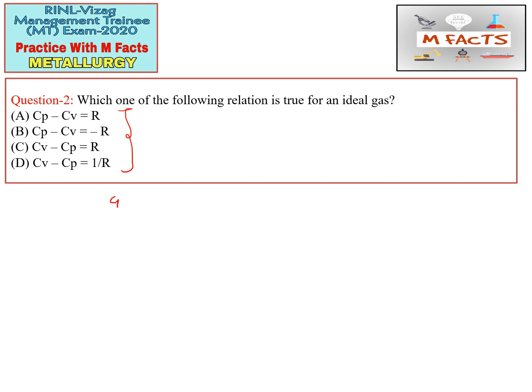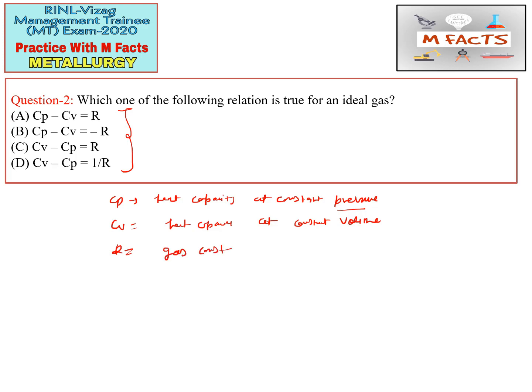Cp is the heat capacity at constant pressure, and Cv is the heat capacity at constant volume, and R is the gas constant. How we relate the gas constant, Cp and Cv is governed by Mayer's law.